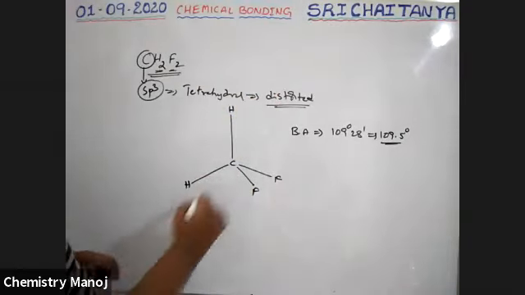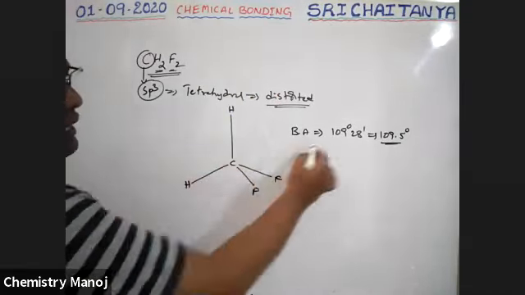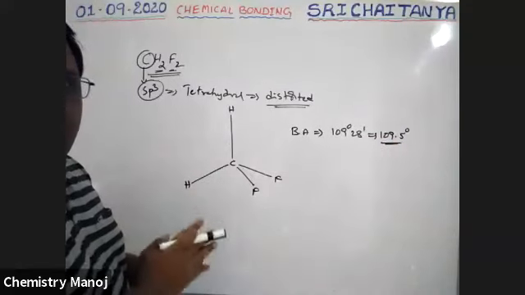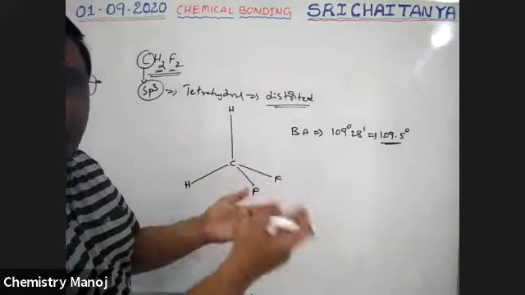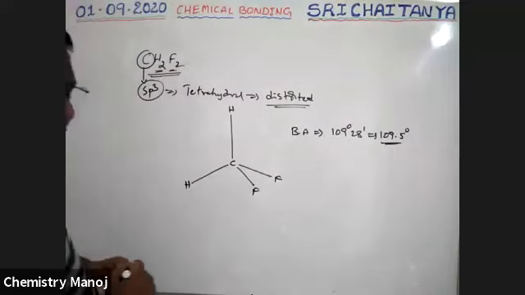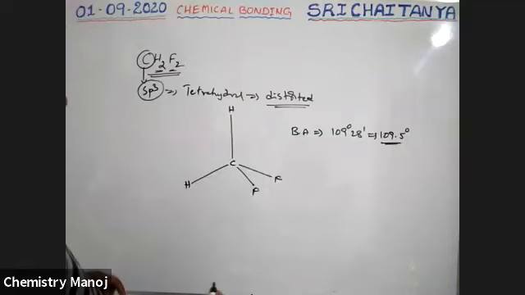So we expected all the bond angles at these positions to be 109 degrees 28 minutes. But because of the distortion, some bond angles are more than 109 degrees 28 minutes, and some bond angles are less than 109 degrees 28 minutes.